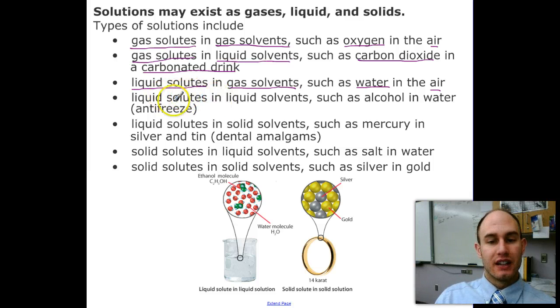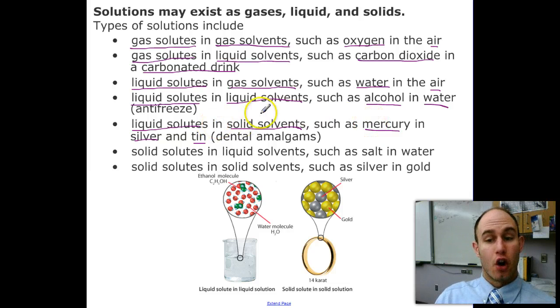Liquid solutes in liquid solvents, so liquid and liquid, obviously we can dissolve things like rubbing alcohol in water. And then we also have liquid solutes in solid solvents, where we have mercury and silver in tin, dissolving a liquid mercury into a solid metal.